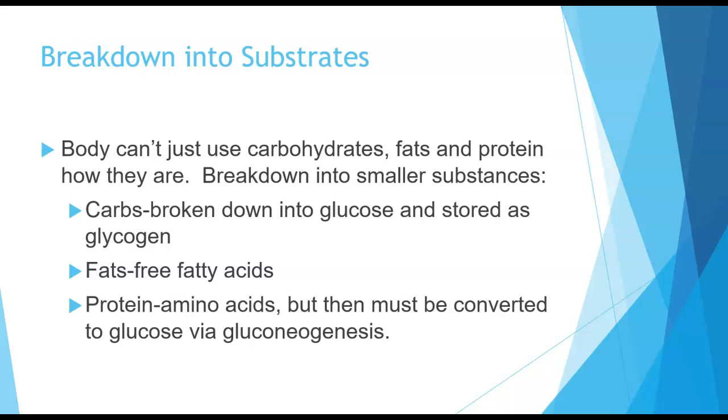And then protein is broken down into amino acids, but it has to be converted back to glucose via gluconeogenesis. So we really have three main things, carbs, fats, and proteins that are broken down into glucose and fatty acids. Ideally, really the only two main substrates we are using are glucose and fatty acid.